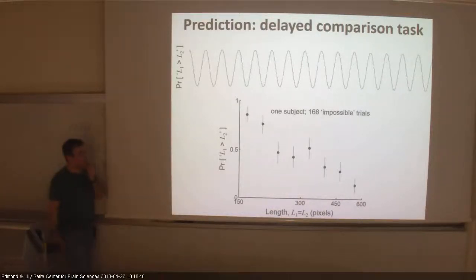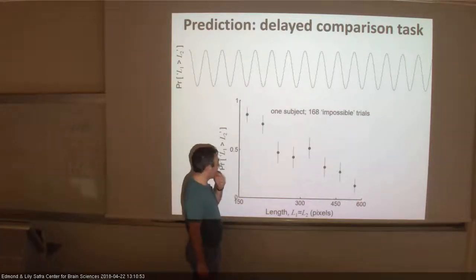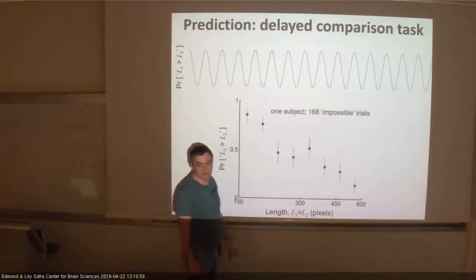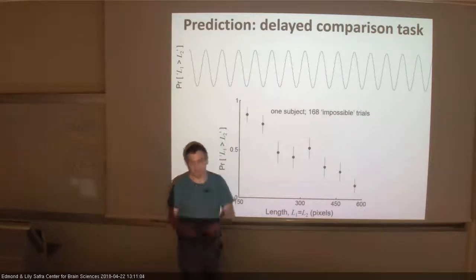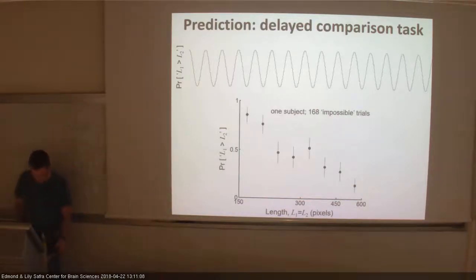And the lesson, I think, from this exercise is that things are more complicated than they seem. Even this very simple task, the two-line discrimination, is in fact something very, very complicated.